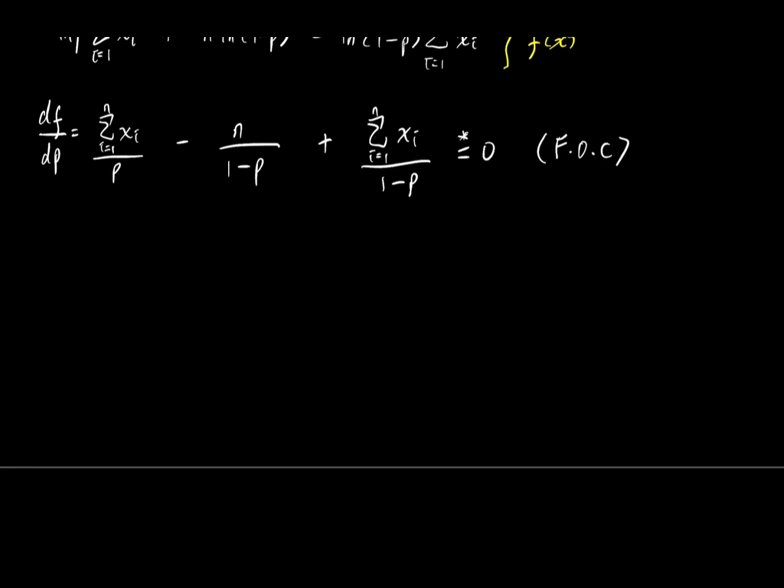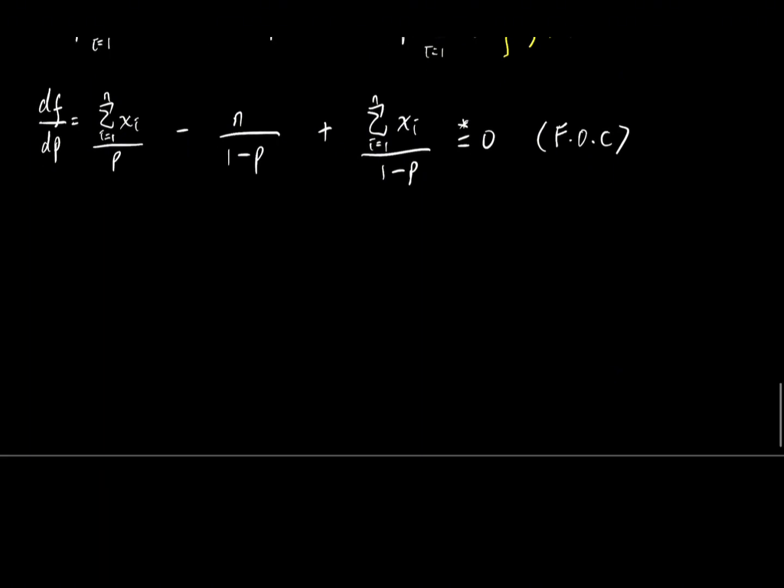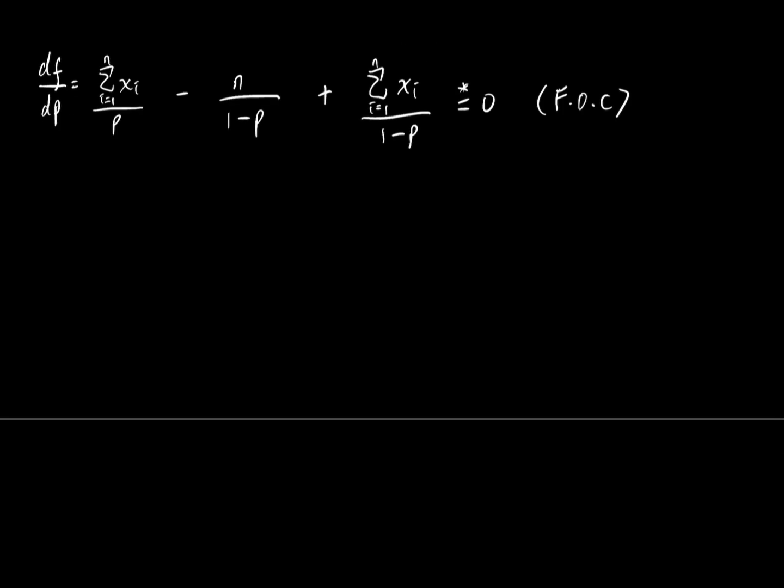Now we're going to have to solve for p. Let's see, what's an easy way to solve for p here? Okay, so what I'm going to do now is bring this term to the other side of the equation, or these two terms to the other side of the equation.